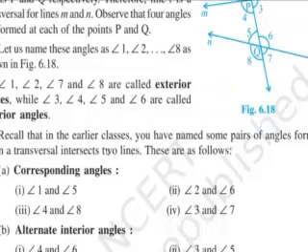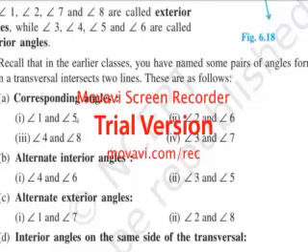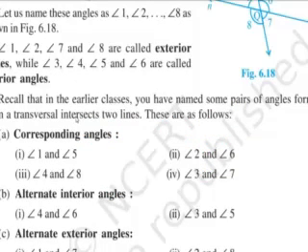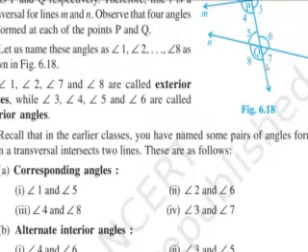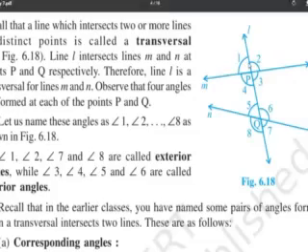If you see below, it has been said, recall that in earlier classes you have named some pairs of angles formed when a transversal line intersects two lines. These are as follows: corresponding angles. Here the definition is not given, so I will describe how this is understood. 1 and 5 are corresponding angles. One is outside and one is inside, on the same side of the transversal line.